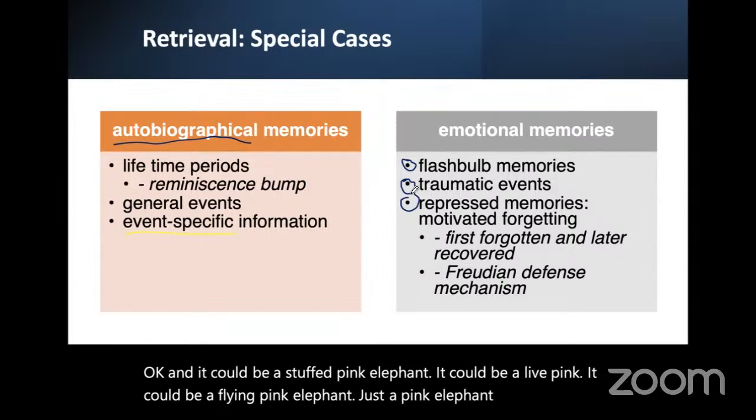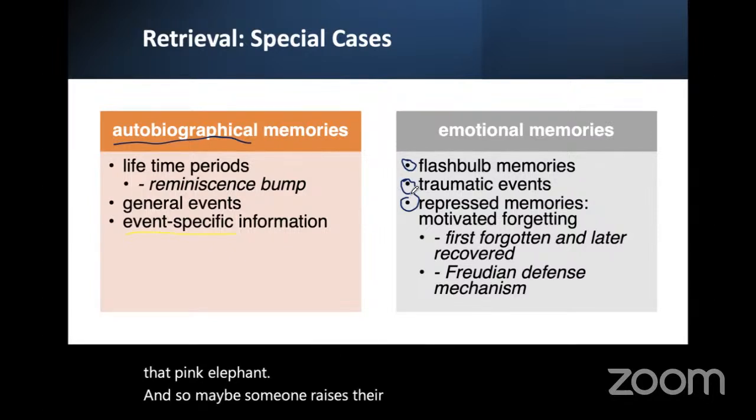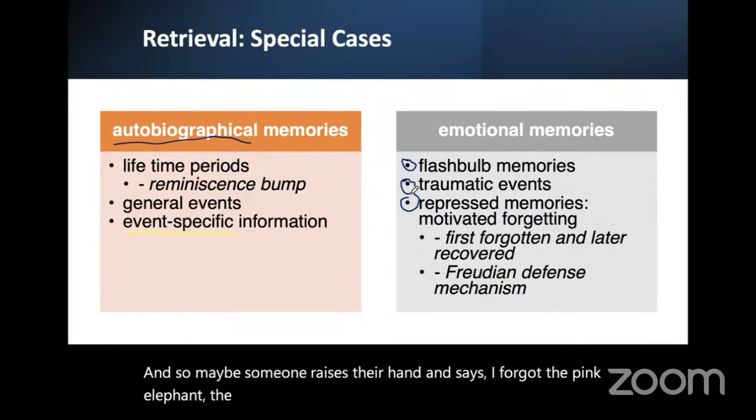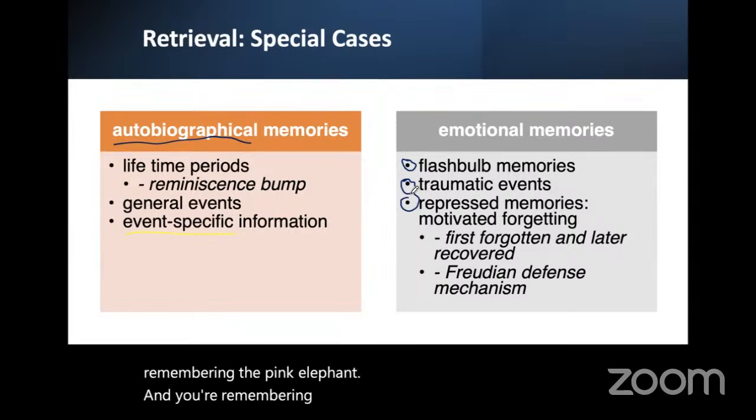And then if I asked you to tell me when you purposely forget about that pink elephant, and maybe someone raises their hand and says, I forgot the pink elephant. The moment you say you forgot the pink elephant, you're remembering the pink elephant. And you're remembering that you purposely forgot the pink elephant, okay?